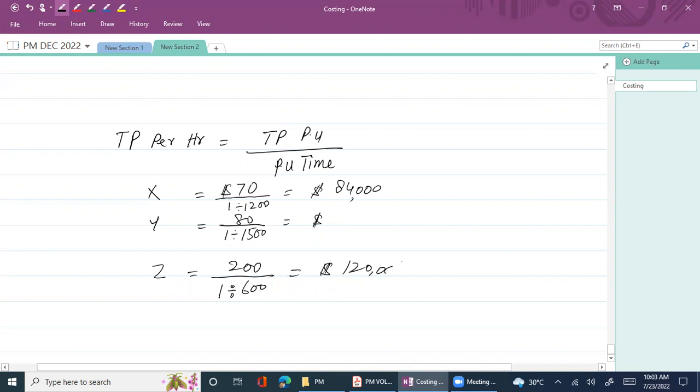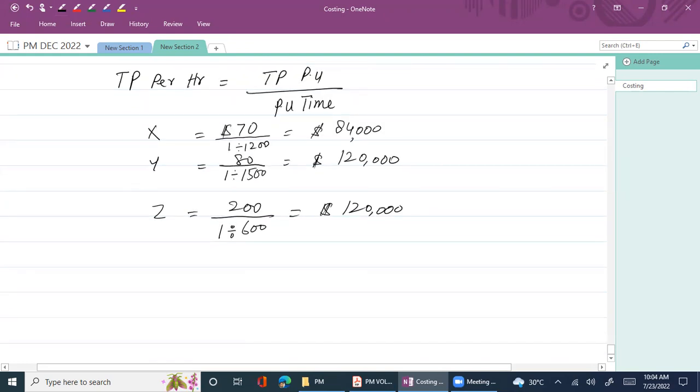Am I audible? Please share the answer for Y. If there is any confusion, please ask. Y's answer is also, I guess, 120.